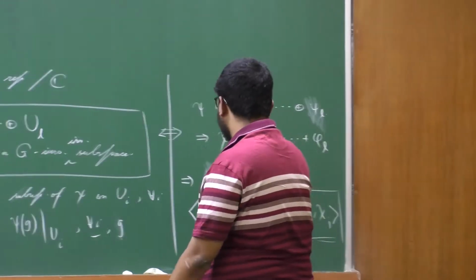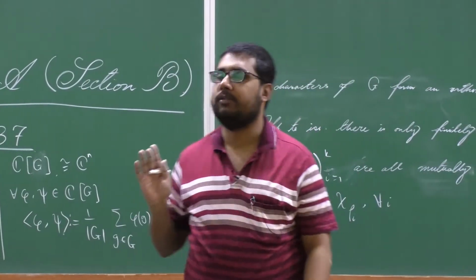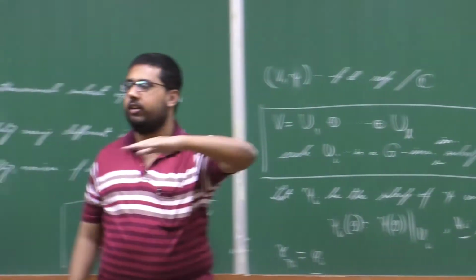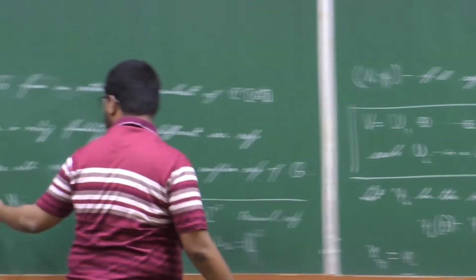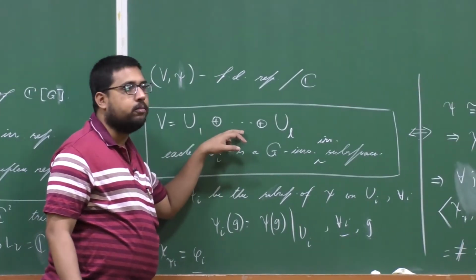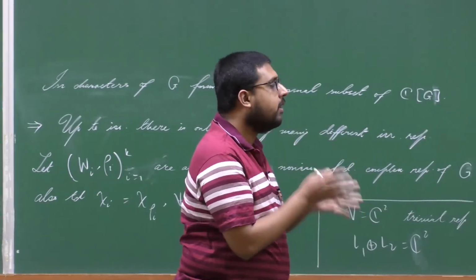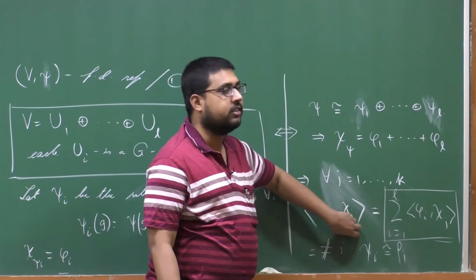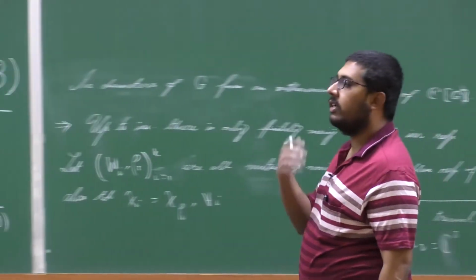However, this consideration shows that there is some sense of uniqueness there as well. Let me explain more. If you take any decomposition into irreducible subspaces, then corresponding to each rho j, the number of summands isomorphic to rho j does not depend upon the decomposition we have considered, from the orthogonality relations of characters.